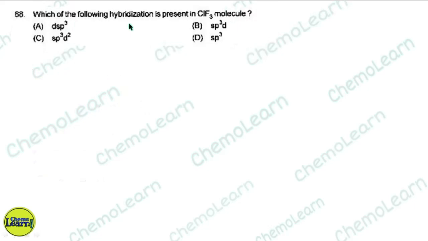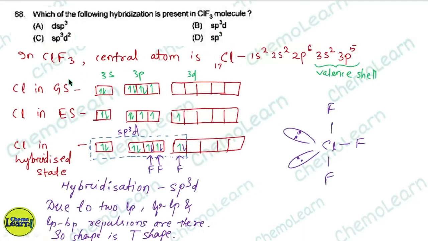Which of the following hybridizations is present in ClF3 molecule? dsp3, sp3d, sp3d2 or sp3. In ClF3 molecule, the central atom is chlorine and it has valence shell configuration 3s2 3p5. Chlorine has ground state electronic configuration 3s2 3p5, but we need 3 unpaired electrons because we have to make 3 Cl-F bonds, and we have only 1 unpaired electron. So excitation of electron from 3p to 3d takes place.